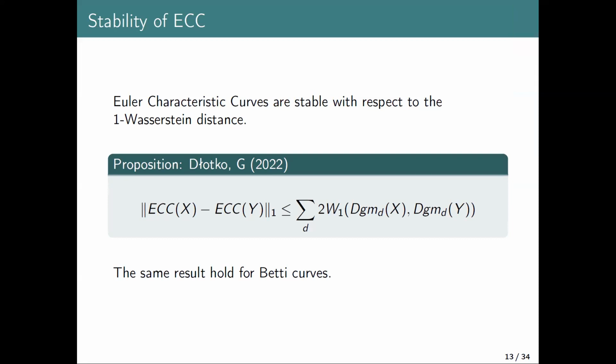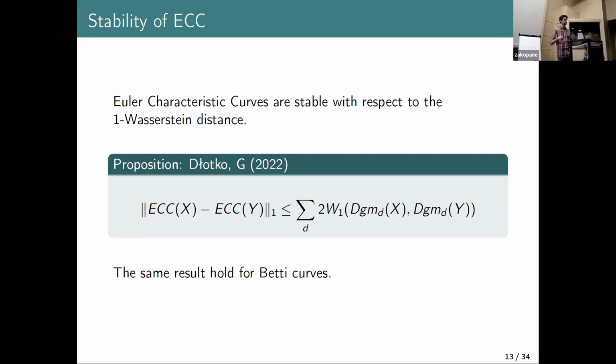I don't have a lot of time to tell you what the Wasserstein distance between two persistence diagrams is, but if you trust me, this side of the equation is very well studied and well known in the literature. It's one of the most important theorems in persistent homology that if you have two persistence diagrams that describe two topological spaces, you can bound the Wasserstein distance between them.